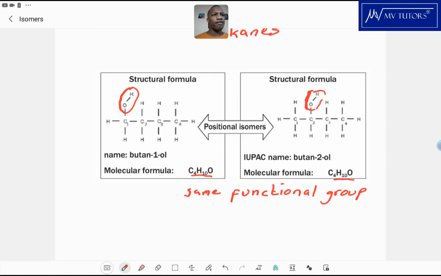Now, the difference is that the OH is in different positions. That's why it's a positional isomer. The functional group here is in position 1 on the first one, and then it's on position 2 on this one. So these are positional isomers. They have the same functional group, just in different positions.